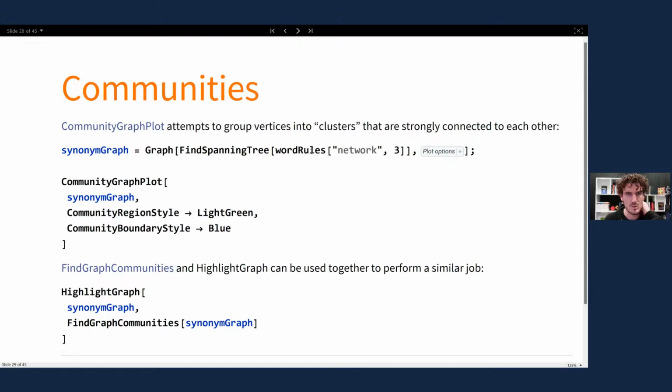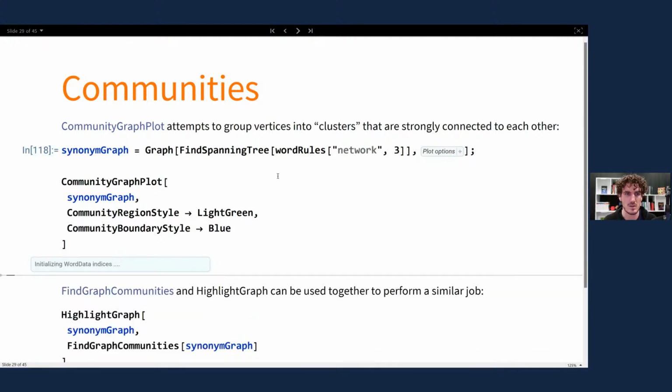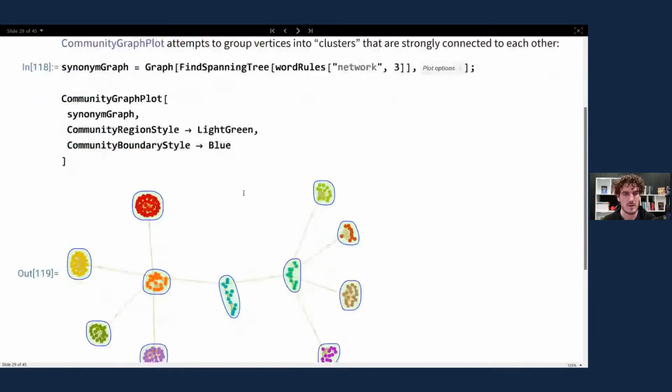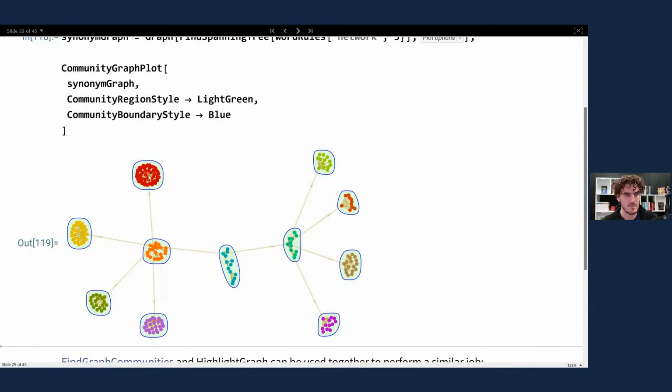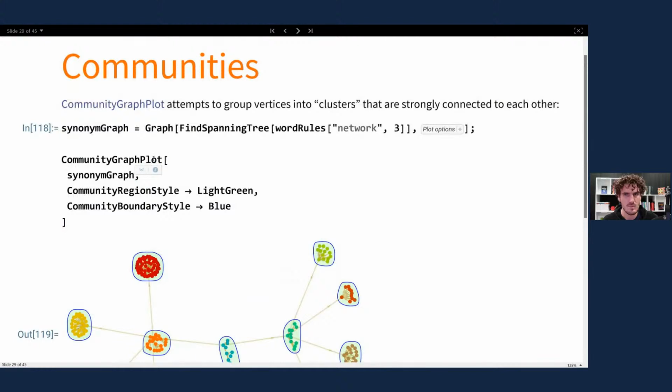I believe this word rules function has been defined elsewhere, but this is a quick example of how we can use CommunityGraphPlot to find clusters within a graph. I believe this is finding synonyms of words.